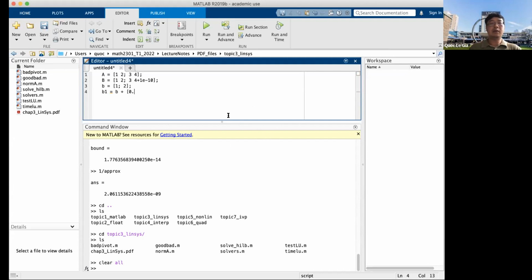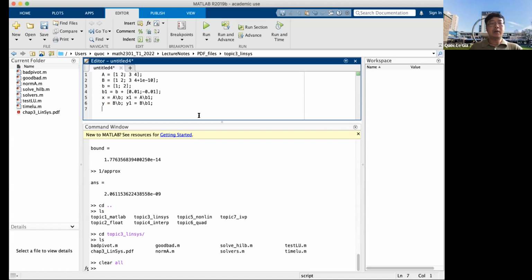So this one is the noise. Now remember, I solve x to be A backslash b, and x1 is A backslash the perturbation of the vector b, b1. And I do the same for y. So y is B backslash b, and y1 is B backslash b1.